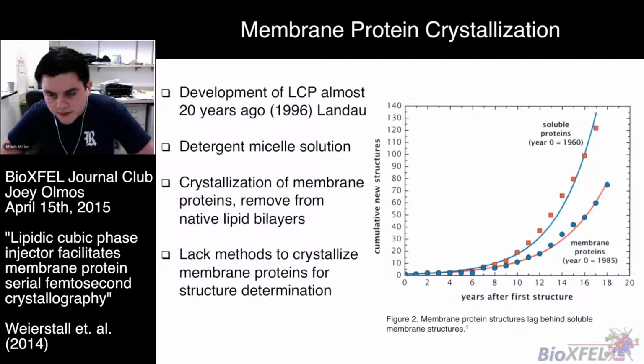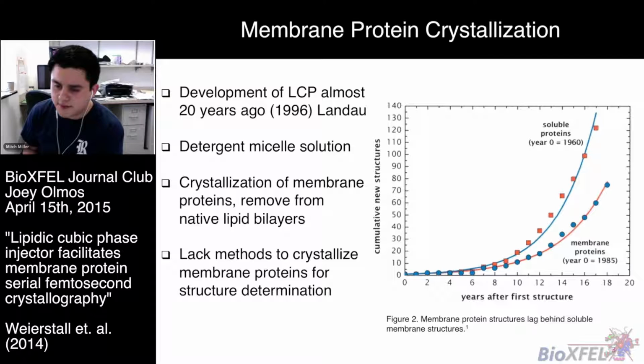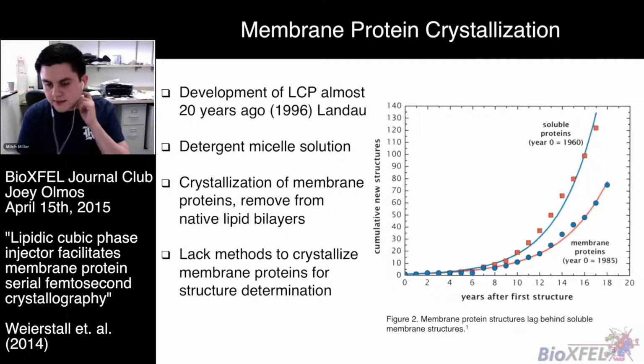On the right here, I'm showing a plot of the trend expected for the number of structures that we would have after year 0 of the first soluble protein and the first membrane protein. And you can see that membrane proteins lag behind soluble proteins significantly.